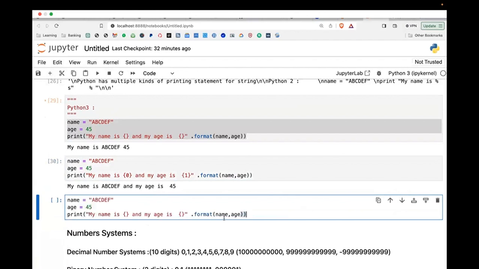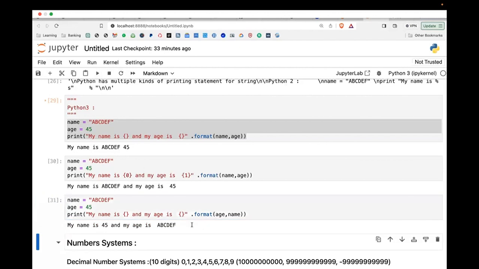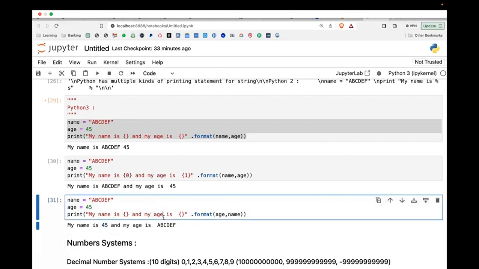Because suppose by mistake, you changed it to age here and name here. Suppose by mistake you did something like this. So then what should you do here? You can just see, if I write this way, my age went here. My name is 45 and my age is here. So what exactly happened? I need to tell it that my age argument, the first argument, should come here, and the second argument, which was the name argument, should come over here.